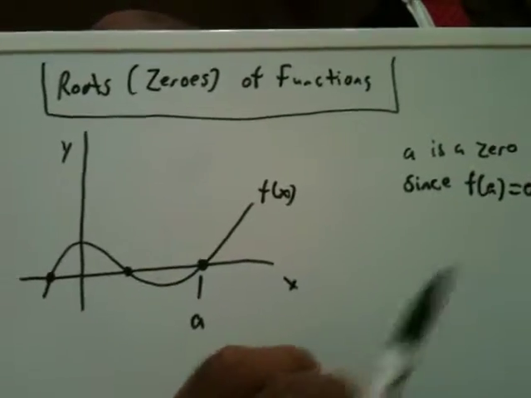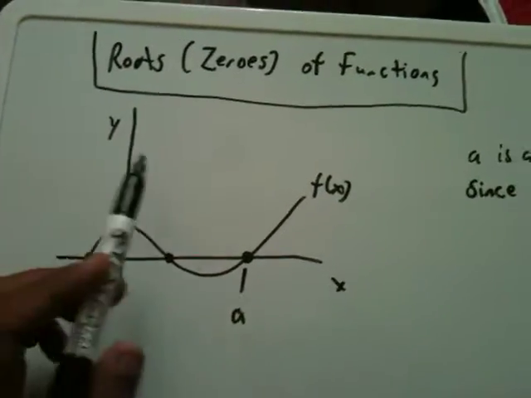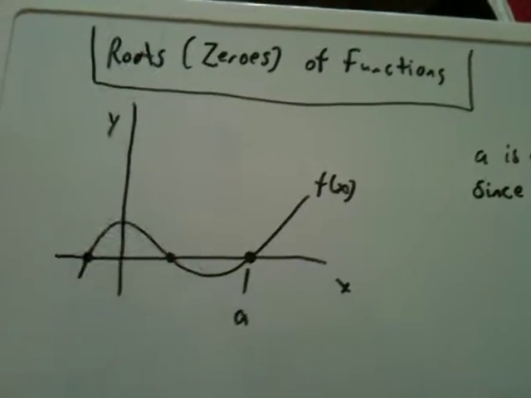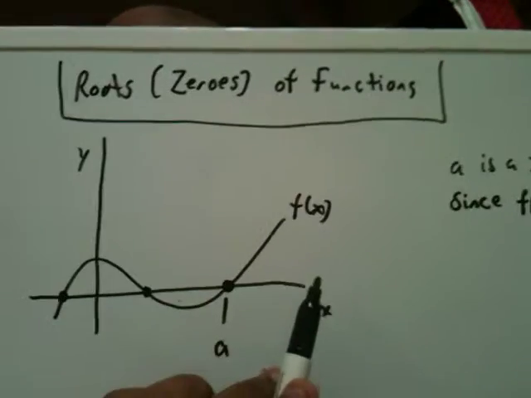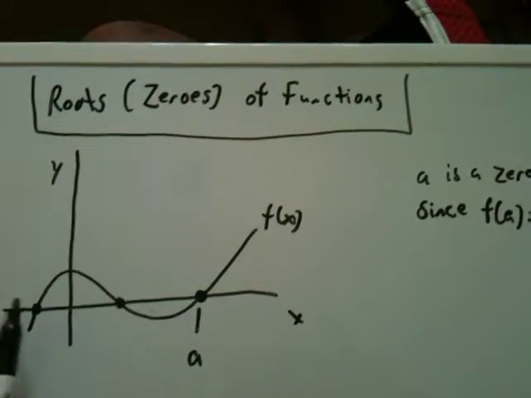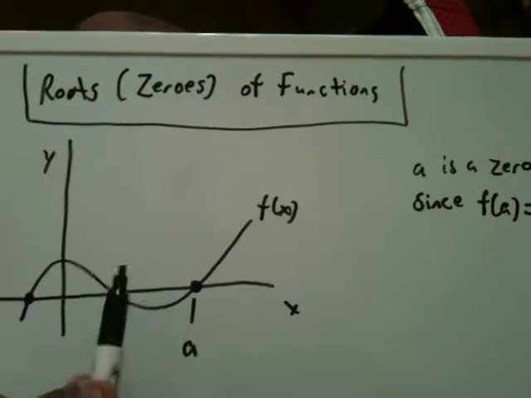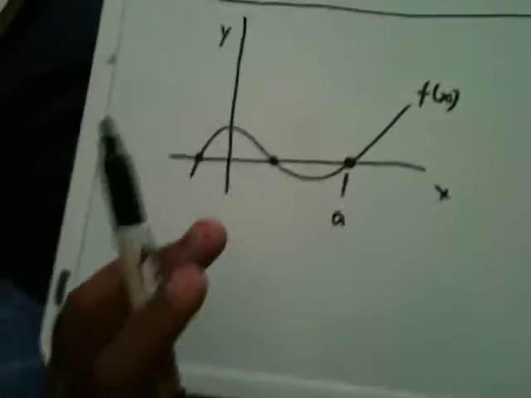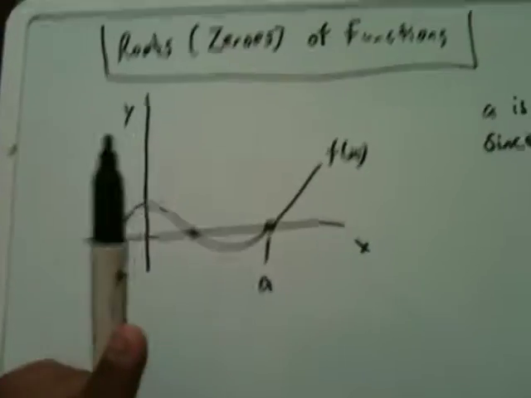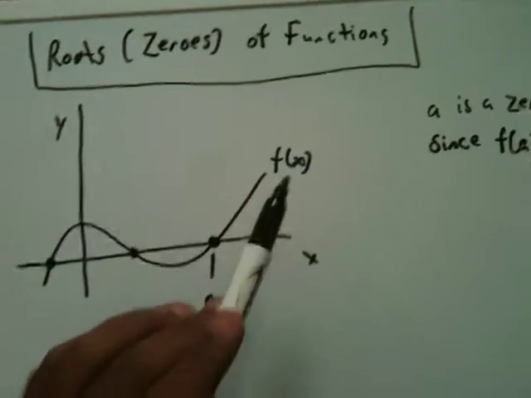So suppose we have a function f of x, and I just drew some generic f right here. And a zero is basically whenever the function crosses the x-axis. That's the visual way of looking at it. But you'll see later on that there's also complex zeros, and those don't really cross the x-axis.